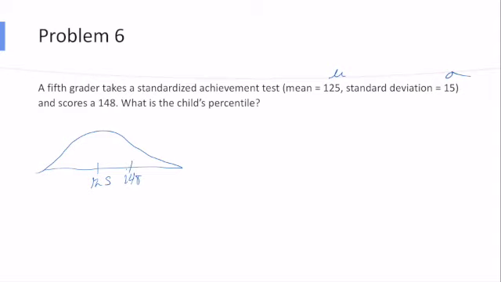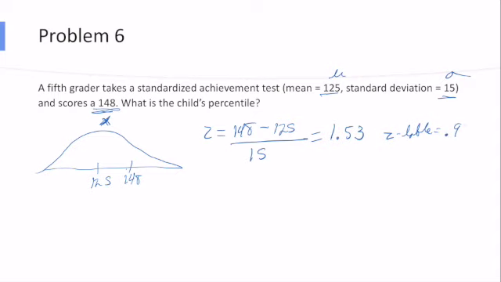So I'm going to take my data value, which is 148. Sometimes that's represented with an X, minus our mean over our standard deviation. That gives me 1.53. If I look that 1.53 up in a z-table, I get 0.9373.